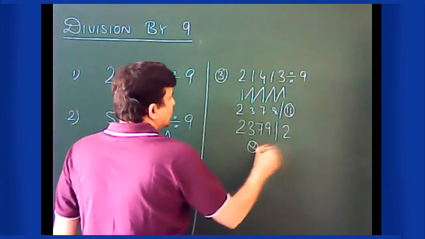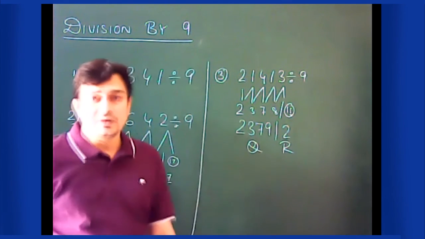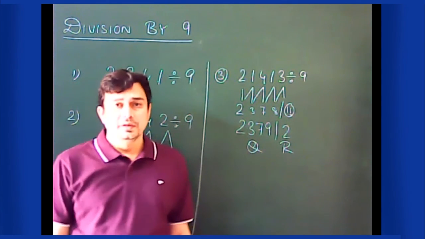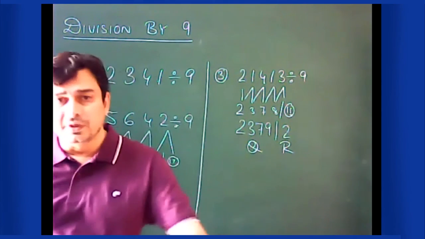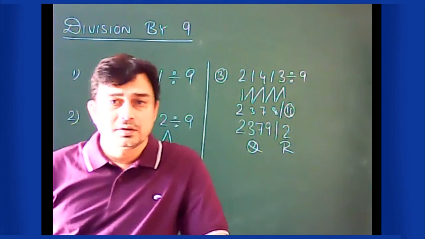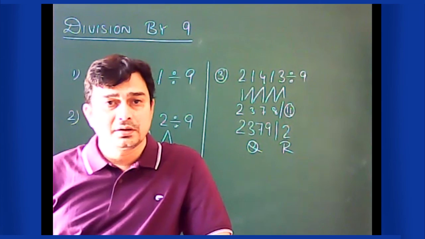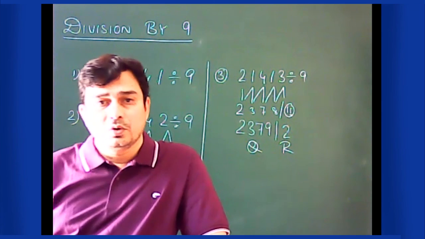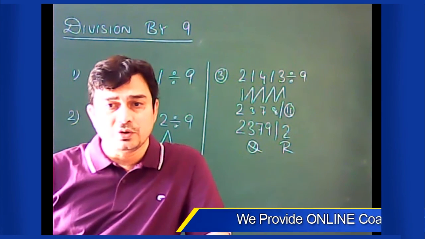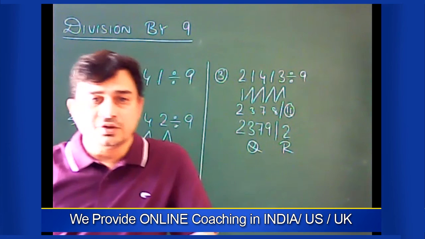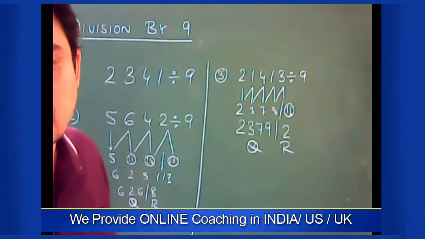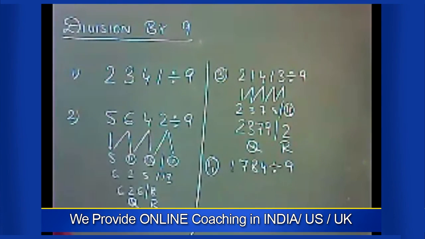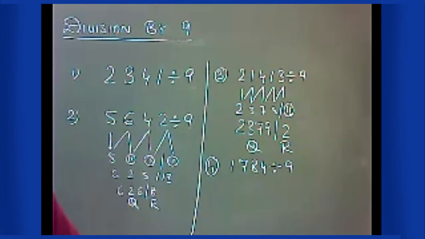This is the quotient and this is the remainder. Clear? Yes, clear sir. Say yes. Yes, sir. Okay, so I will be sharing with you a practice sheet. Thank you, sir.